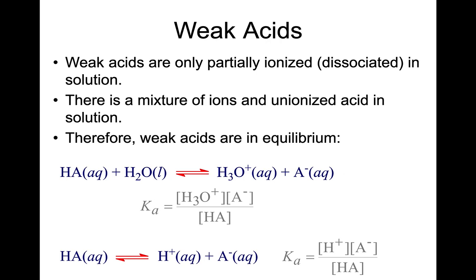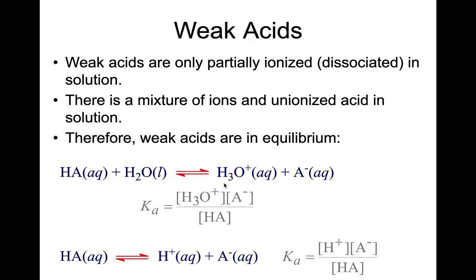And we call our equilibrium constant the acid dissociation constant, Ka. It's just like before, we've got our products over our reactants. The square brackets denote that we care about concentrations. And again, see that water, H2O, is not included in this expression because it is a liquid. We only care about aqueous and gas phases because they are the only ones with concentrations.